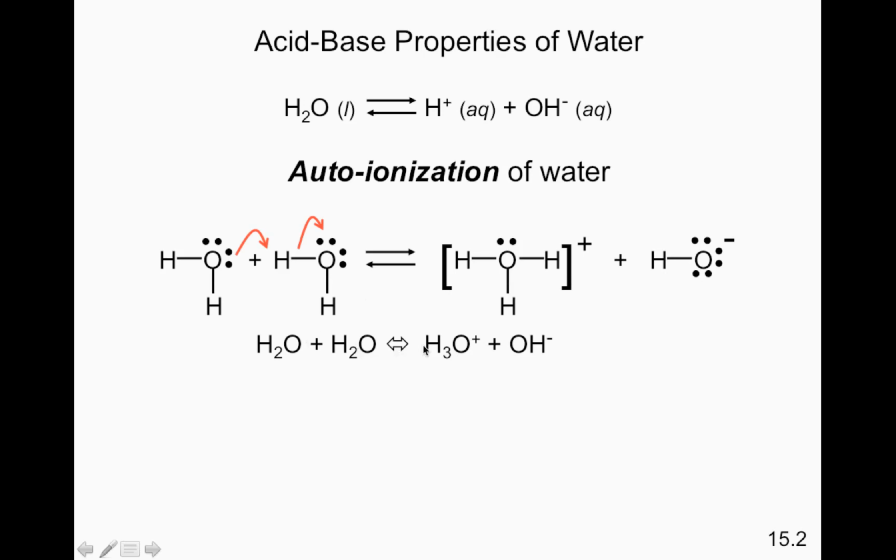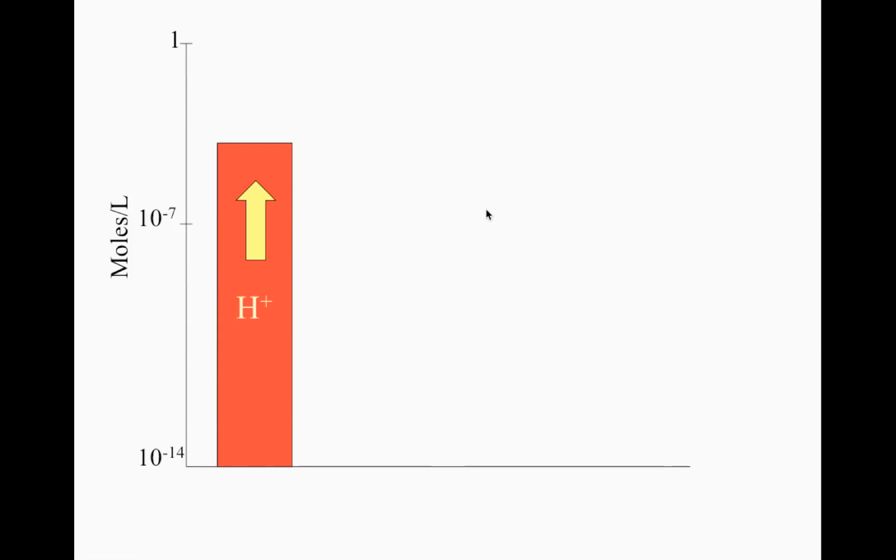2 water molecules are in equilibrium with hydronium and hydroxide. Remember, this is the same as that. In fact, if I take this one and simplify it, that's what it would look like. So you want to remember, we're going to see this today, that H positive can stand for H3O positive. Now, let's take a look. What if I have a solution where I have a lot of hydrogen ions? I'm going to have a very small amount of hydroxide.